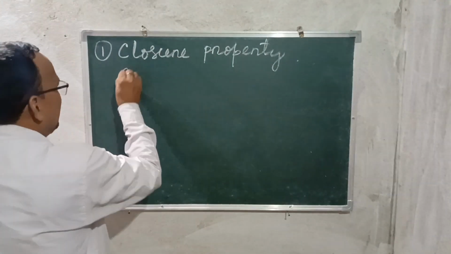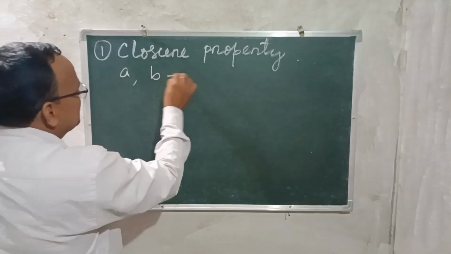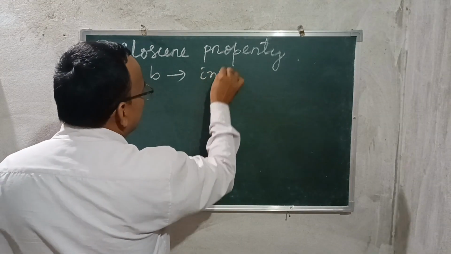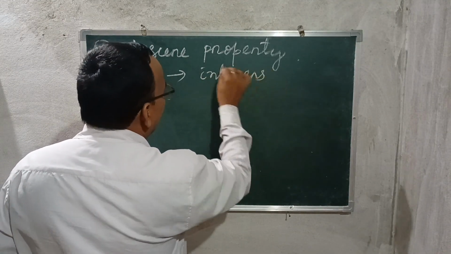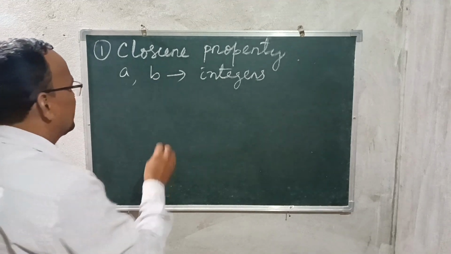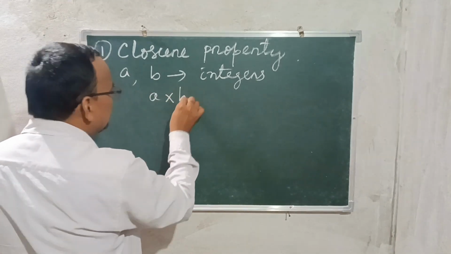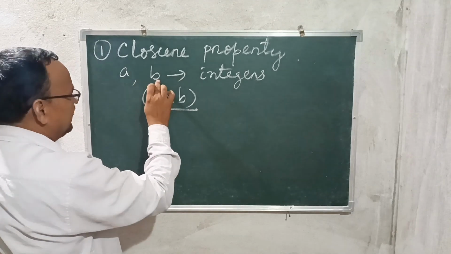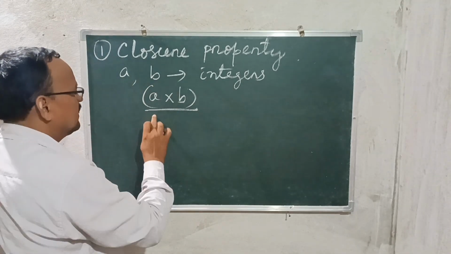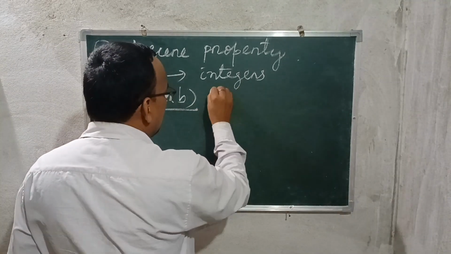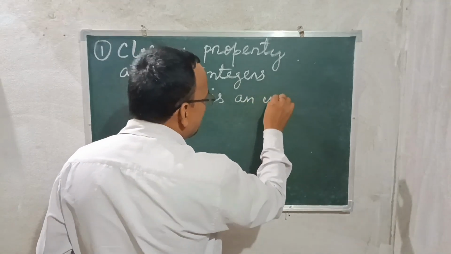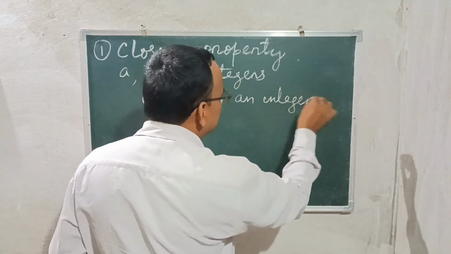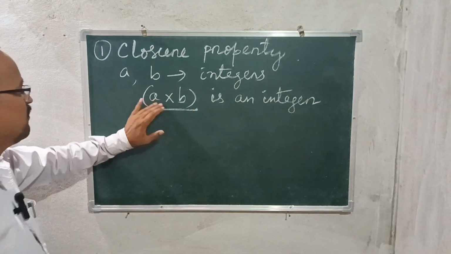Suppose a and b both are integers. Then a into b, the product of a and b, is also an integer.